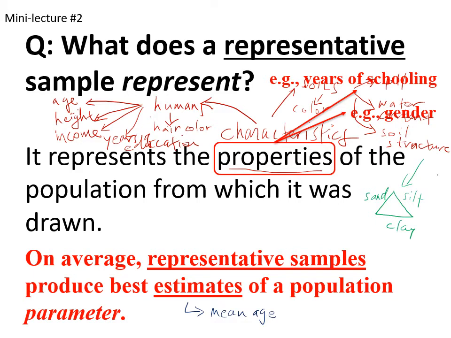One way that we can show that is sometimes people will draw a bar over a mean that's drawn from a sample.